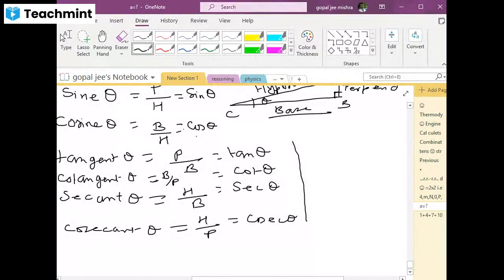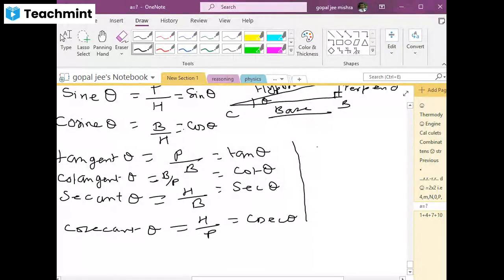You can count the number of ratios, and you are getting 6 ratios. Excellent, beta, you detected that one inverse ratio must be defined. So that is cot theta, cotangent theta. Have you got this? Yes.